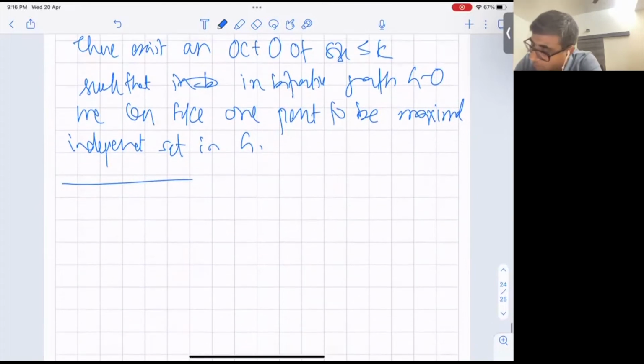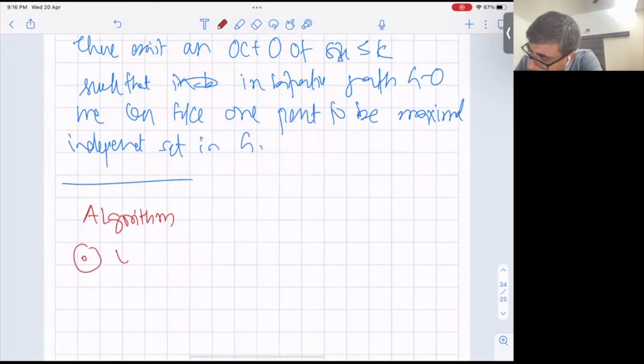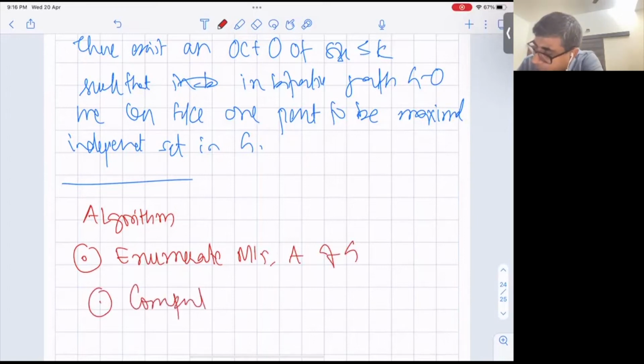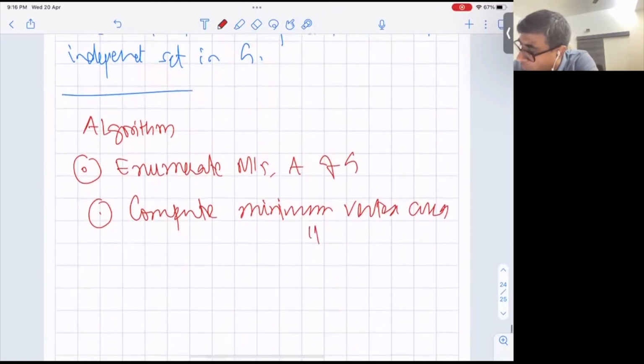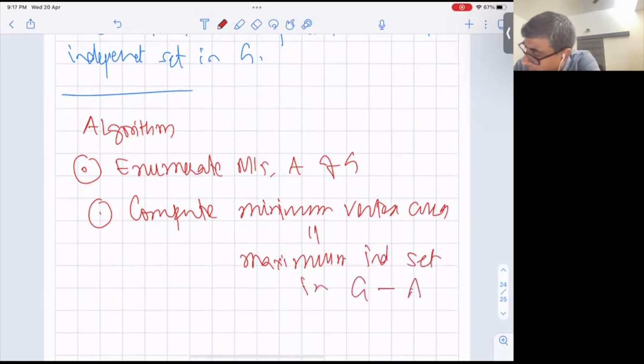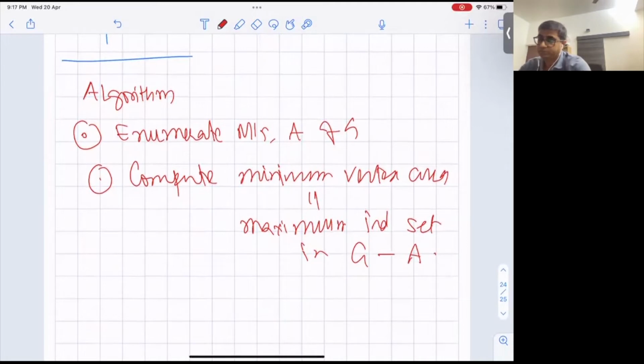So what is now our algorithm? Enumerate maximal independent sets A of G, and secondly, compute a minimum vertex cover, which is equal to the maximum independent set, in G minus A. Okay, that's it.